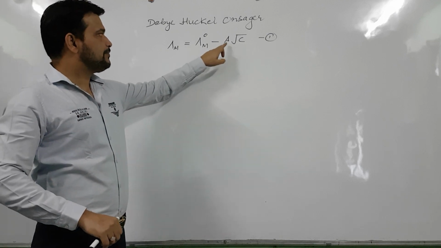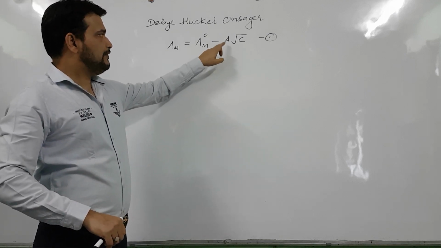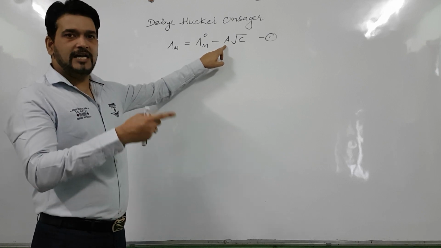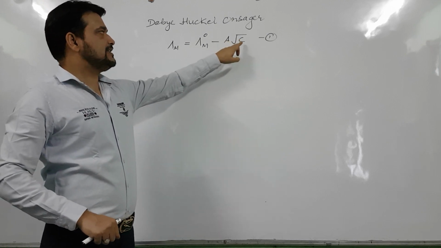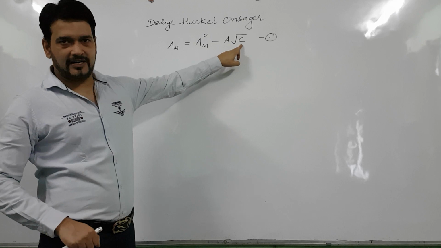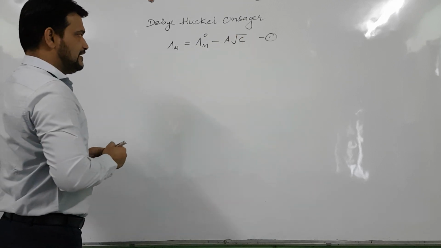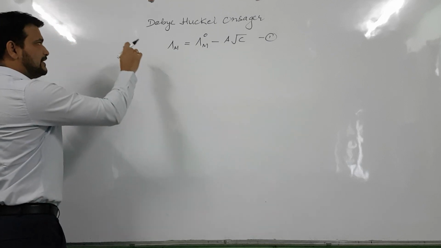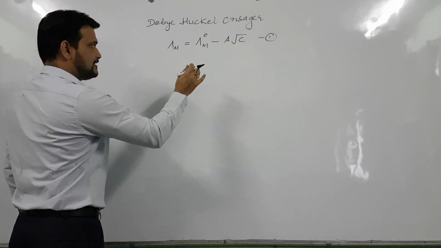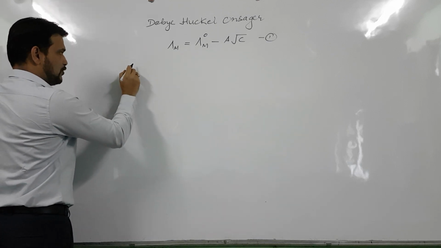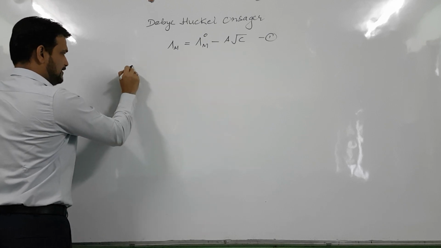This A is a factor which depends upon the type of the electrolyte, and C is the concentration. So with the help of this equation, let us study the variation of molar conductance for weak electrolyte with concentration.